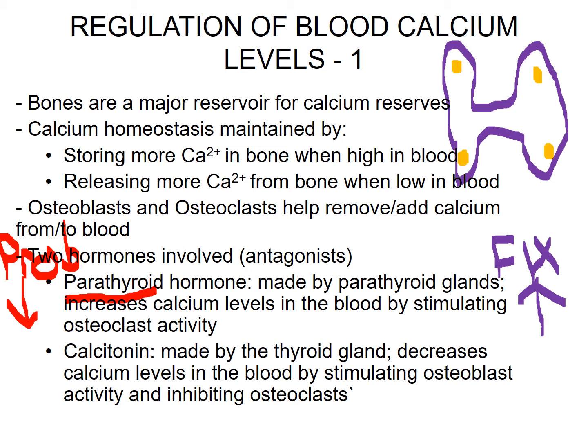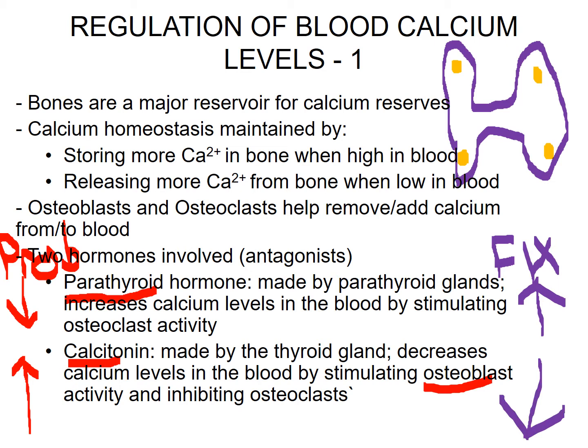If our blood calcium is too high, so here's our problem, we're going to release calcitonin to stimulate the osteoblasts, which is going to build the calcium in the bones, which is going to decrease our blood levels of calcium.